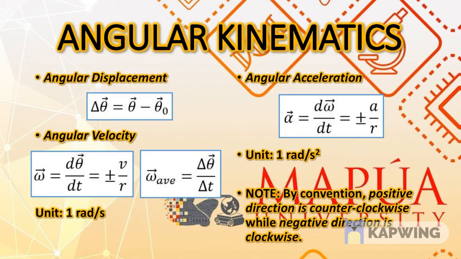Again, the plus minus sign refers to the two possible directions that the object may move, positive direction or counterclockwise direction, and negative direction or clockwise direction. The unit for angular acceleration is radians per second squared.